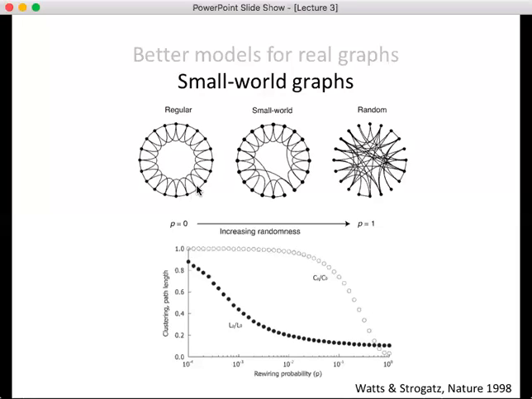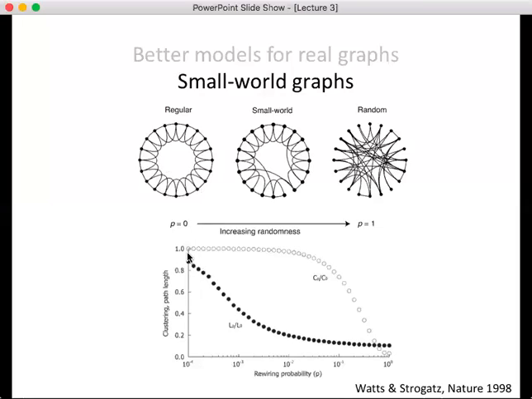Why? Because it's a regular graph, which practically by definition means that these two nodes are connected to each other, and this node is connected to these two, and these two are connected to each other. So they create a local cluster. So the clustering coefficient is so high that you get close to 1 for a regular graph.